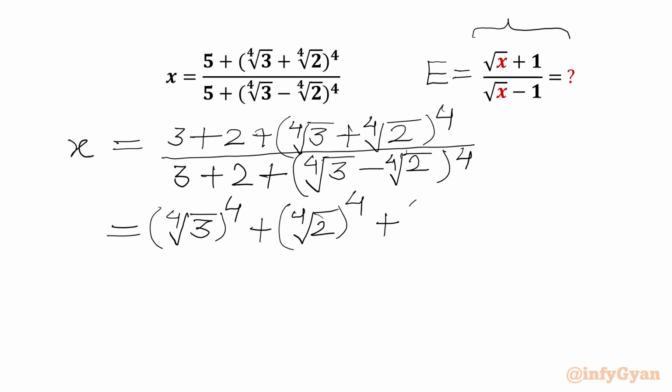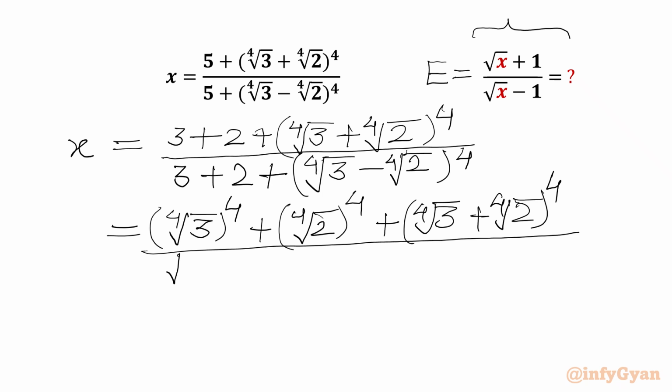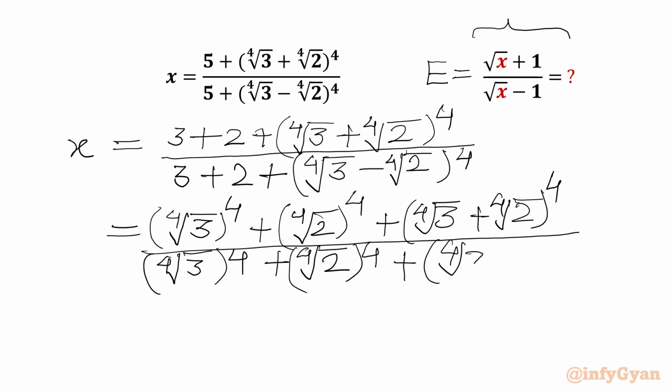Then we have (4th root of 3 plus 4th root of 2) whole power 4 over (4th root of 3) whole power 4, which is 3, plus (4th root of 2) whole power 4, which is 2, plus (4th root of 3 minus 4th root of 2) whole power 4.